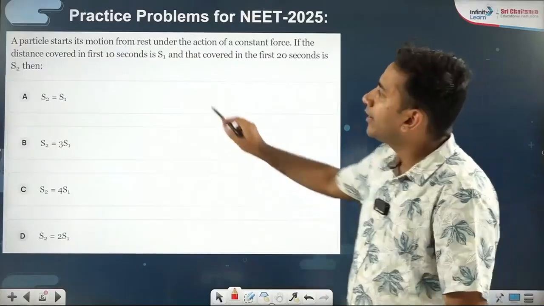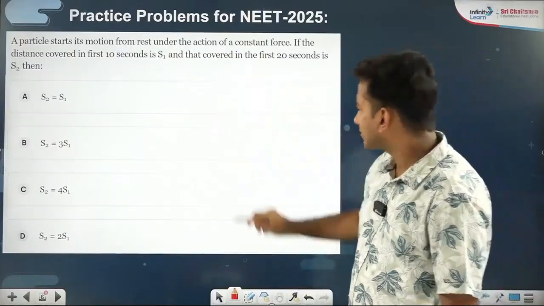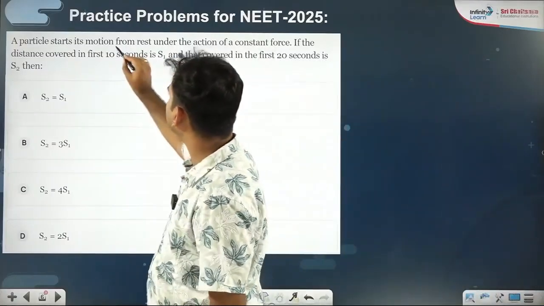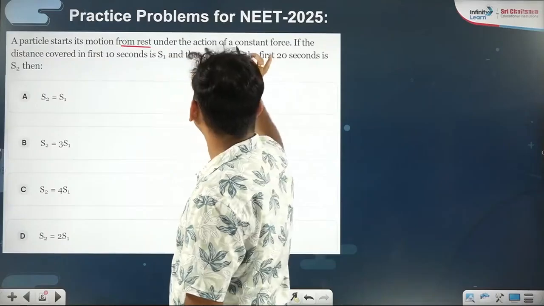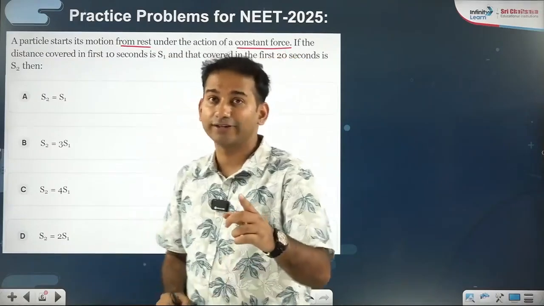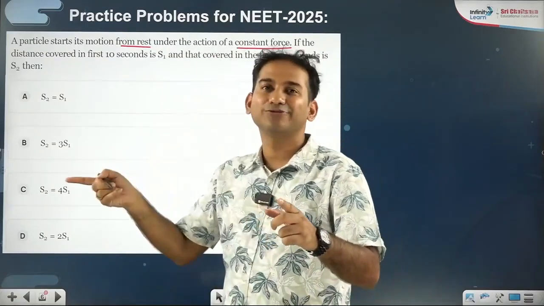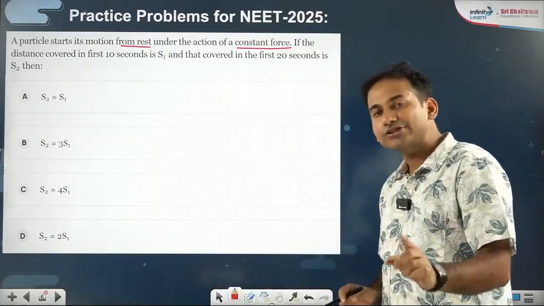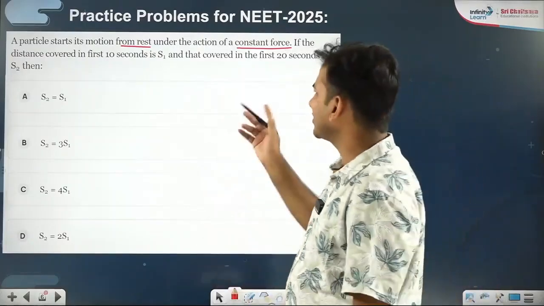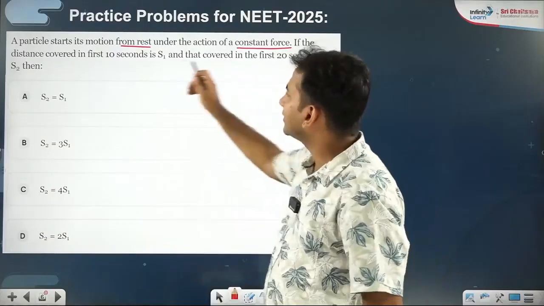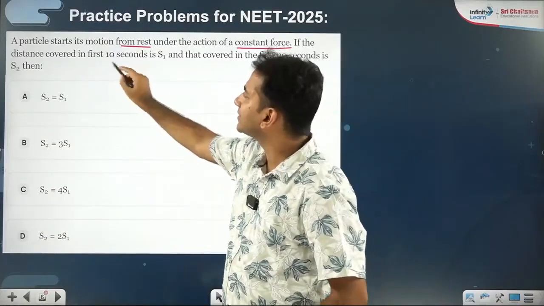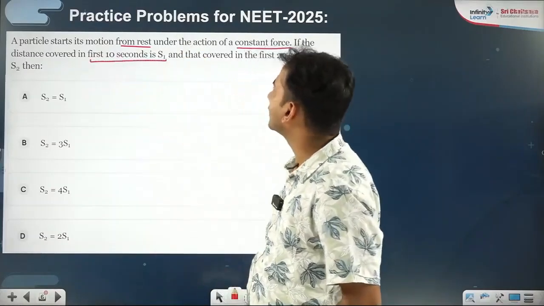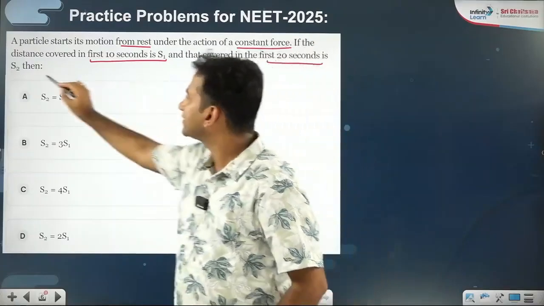Be careful. A particle starts its motion from rest and under the action of a constant force. Starting from rest and under the action of constant force means constant acceleration. So the same Galileo formula can also be applied to uniformly accelerated motion cases in which the particle is starting from rest. They say the distance covered in the first 10 seconds is S1 and in the first 20 seconds is S2.